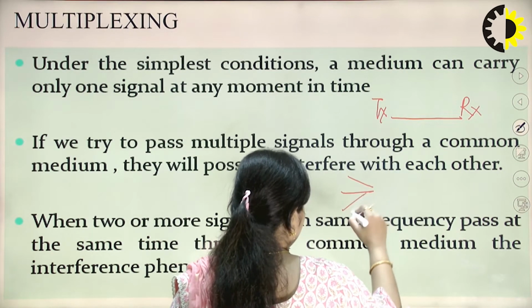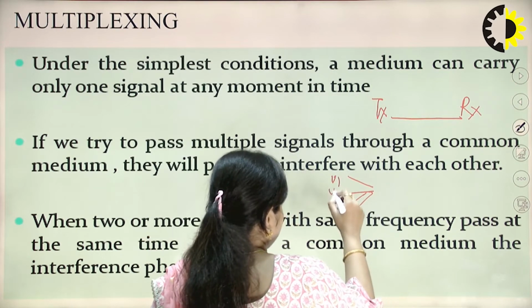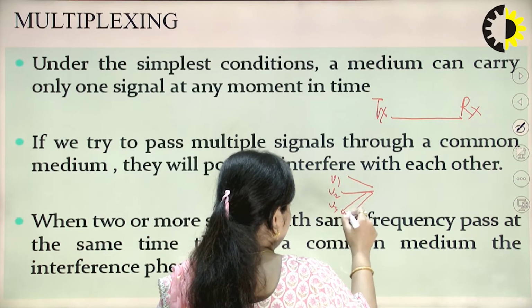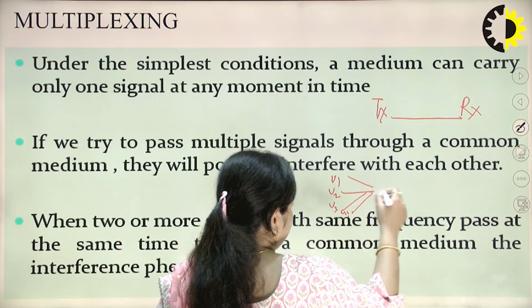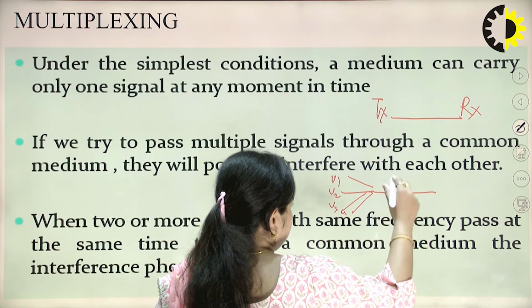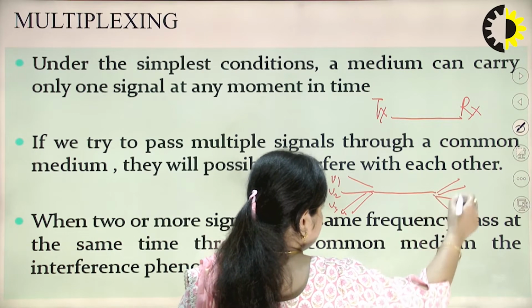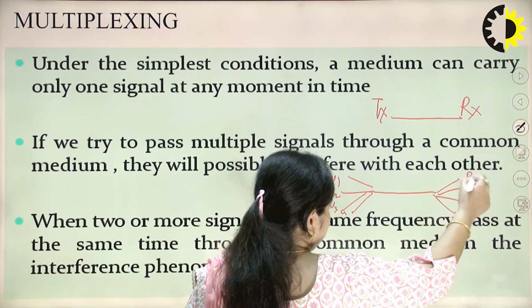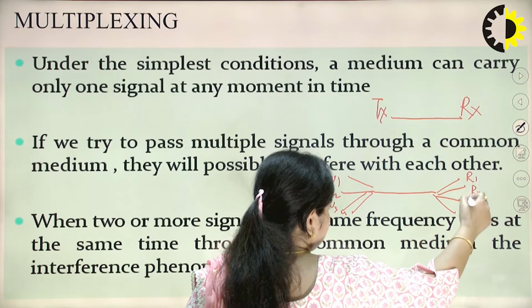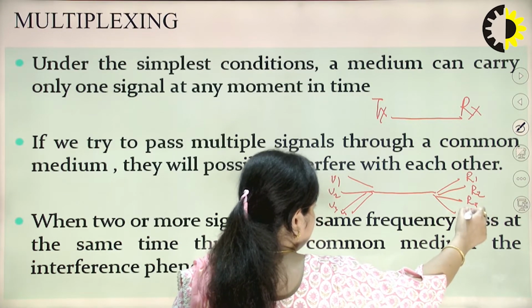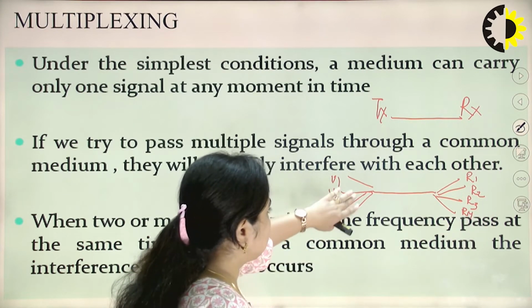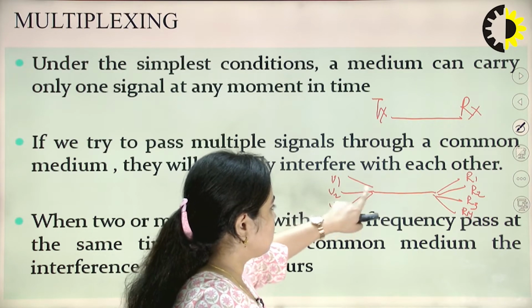Let us say there are 4 different users, user 1, user 2, user 3 and user 4. The signals of all these 4 users will be multiplexed together onto a single channel, and then these 4 signals will be delivered to 4 different receivers. But what happens is that when these 4 signals are multiplexed together, the signals are going to spread.